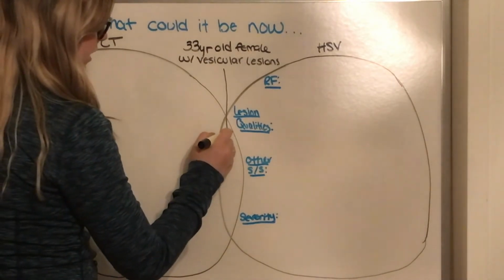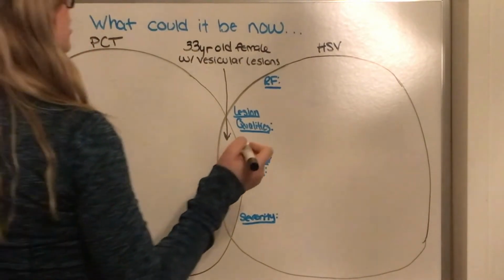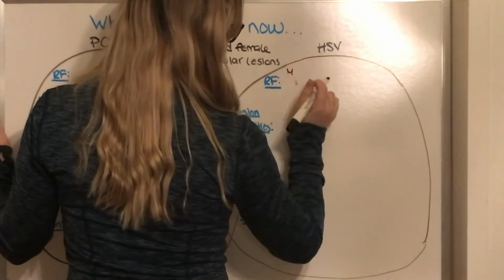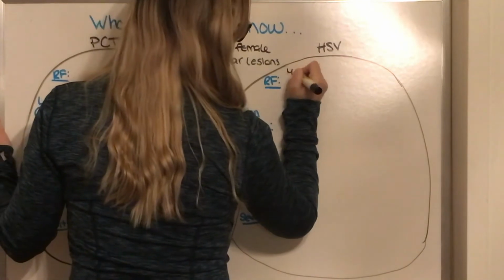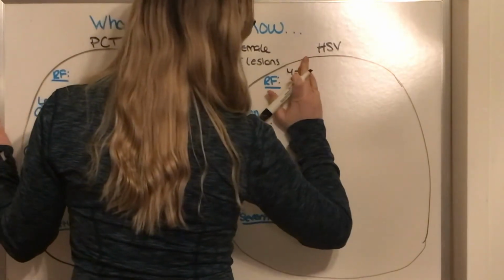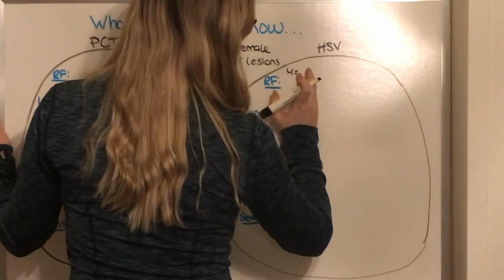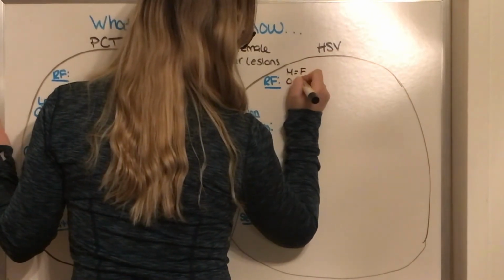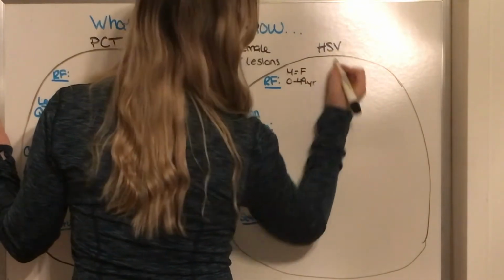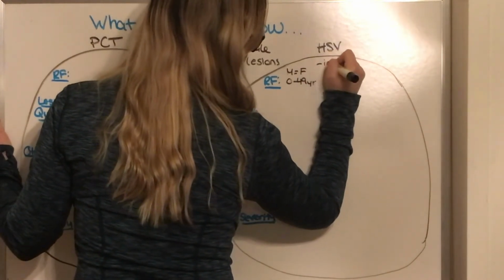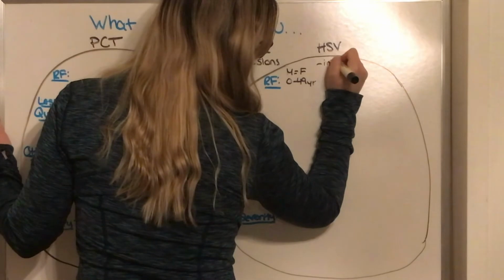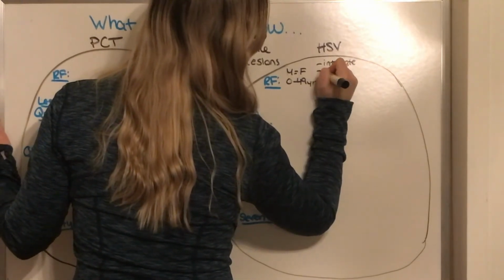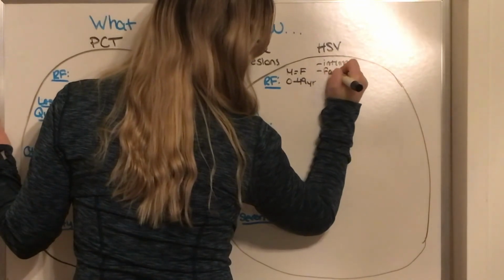I'm going to start off with herpes simplex virus risk factors. Males and females are equally susceptible to this virus, and it's usually seen in people between 0 and 49 years of age. It is transmitted through intimacy, and the biggest mode of transmission is actually through family.